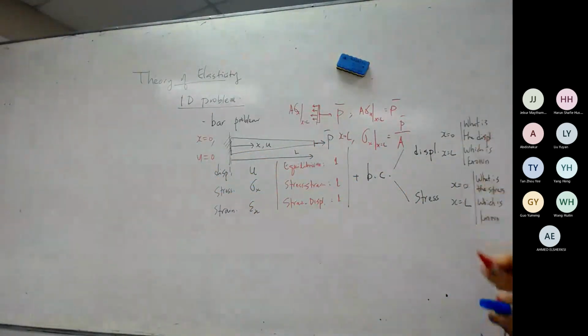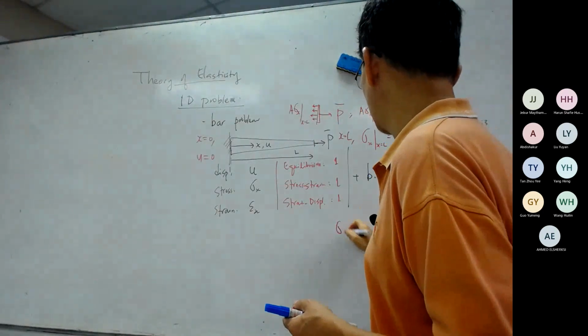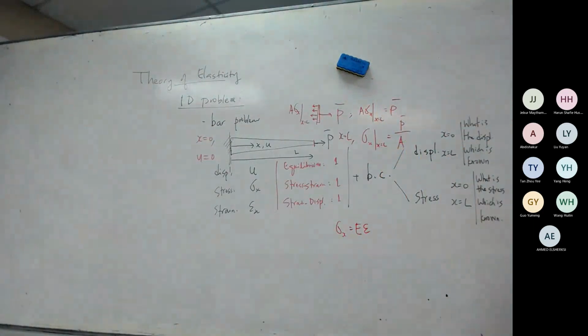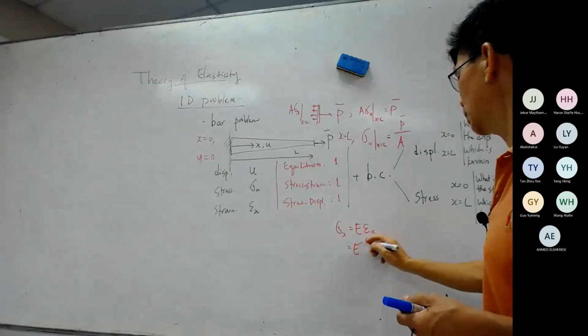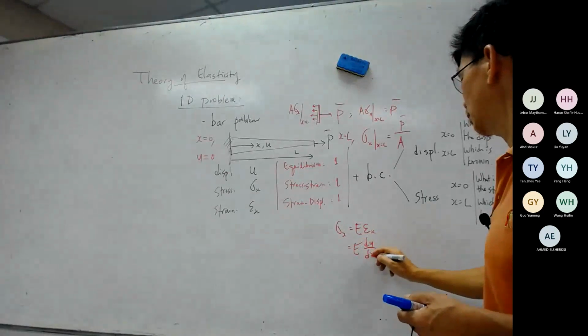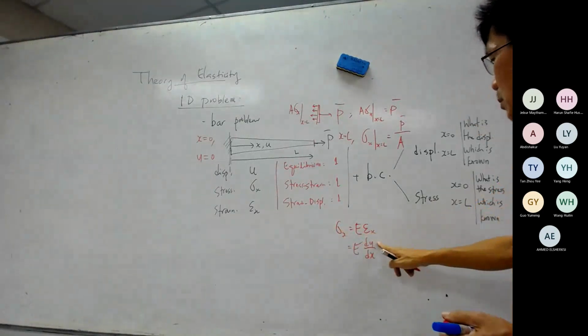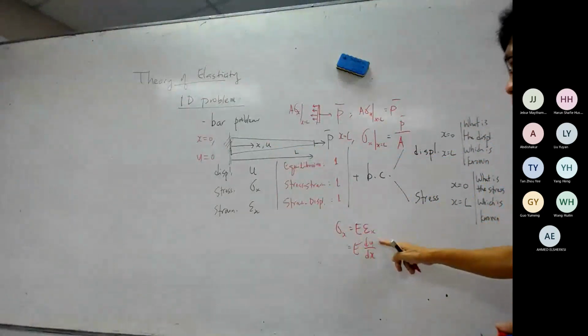So for a 1D problem, sigma x is equal to E epsilon x from the stress strain relations, and from the strain displacement relations, we have this is equal to this. So stress can be related to displacement u by these relations.